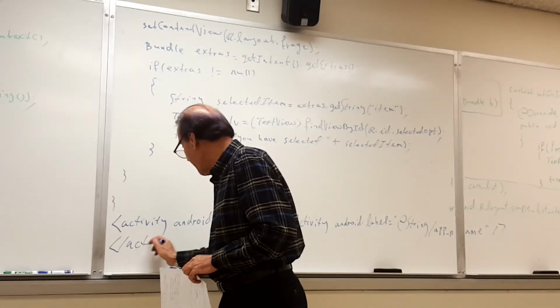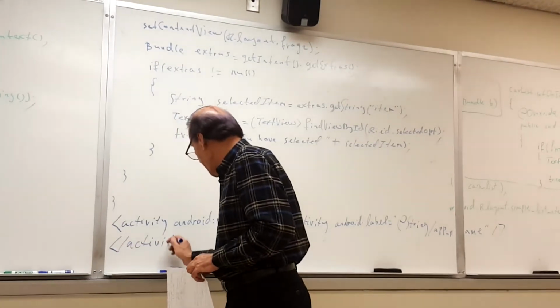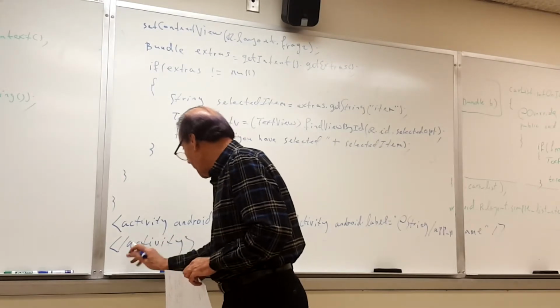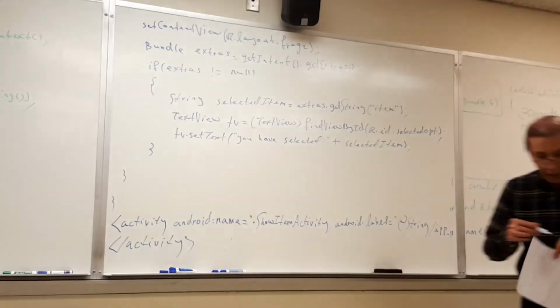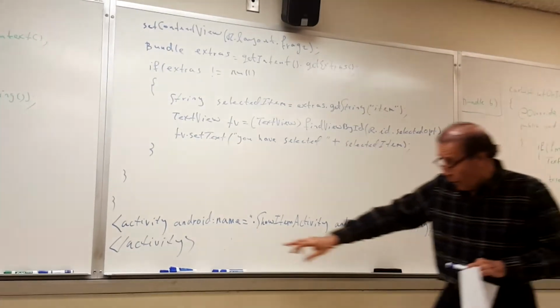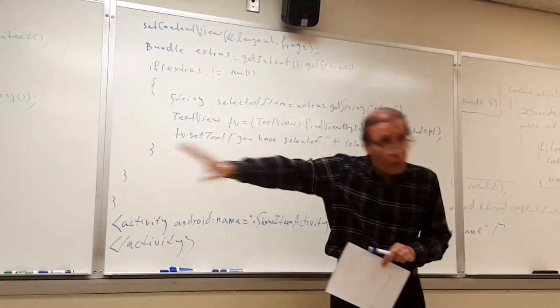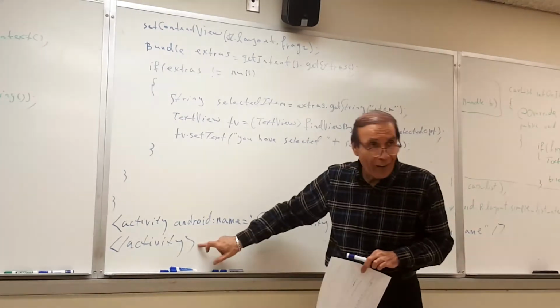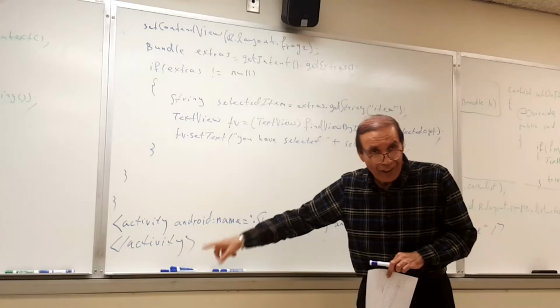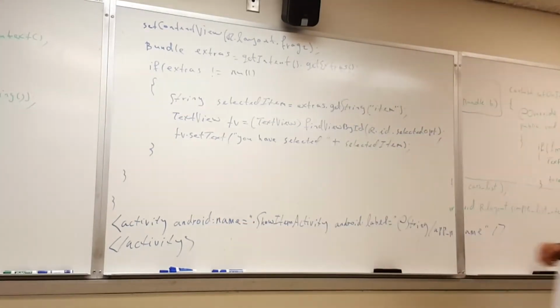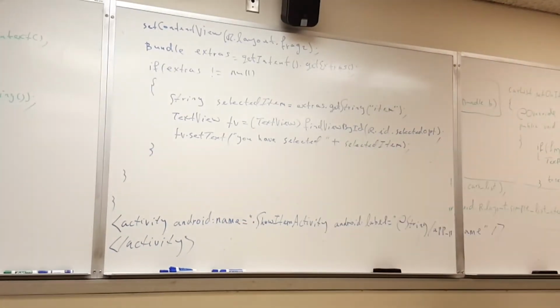Whenever I tell my students to put it in the manifest file, they send me an email asking where in the manifest file. So this closes your manifest. Right before the last line, just put it there. Okay. So this is there now.